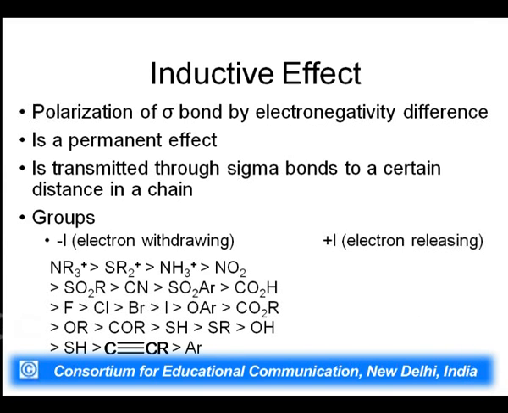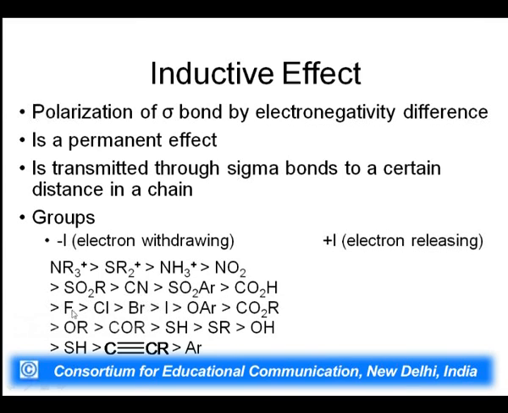The order of their strength is given in such a way that NR3 plus, the trialkyl ammonium ion, is positively charged and creates a maximum effect, and it is the strongest of the minus I groups. Then SR2 plus and so on.